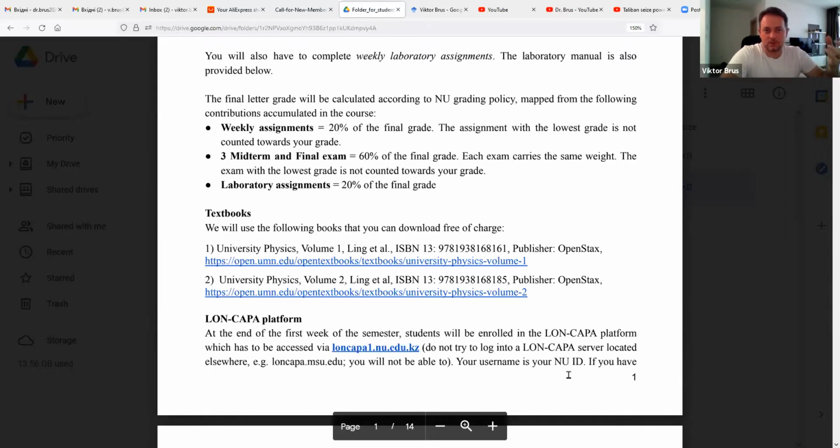So this second week homework assignment will not be evaluated, and it will not have any impact on your final grade. So it is done specifically to give you a chance to practice a bit with LongCAPA and be familiar. And starting from the third week, all your homework assignments will be evaluated.